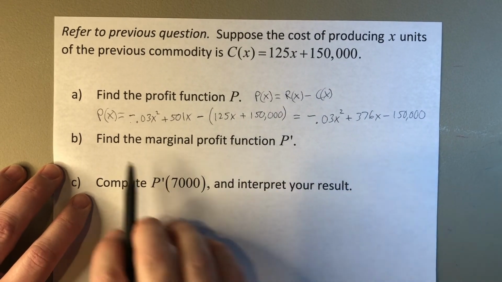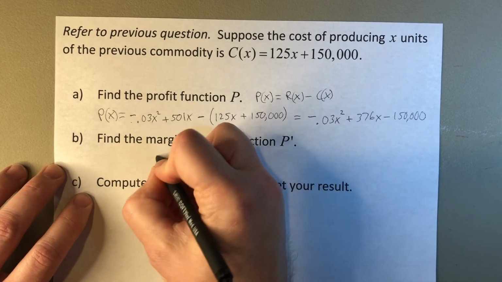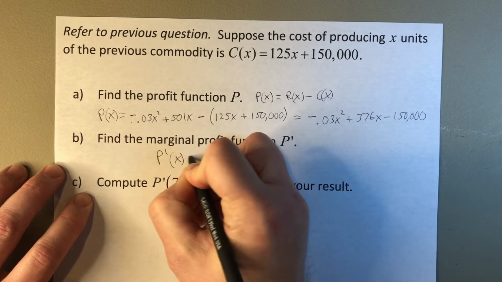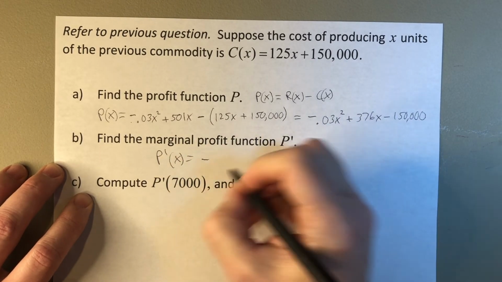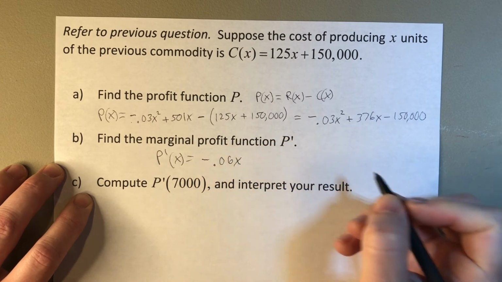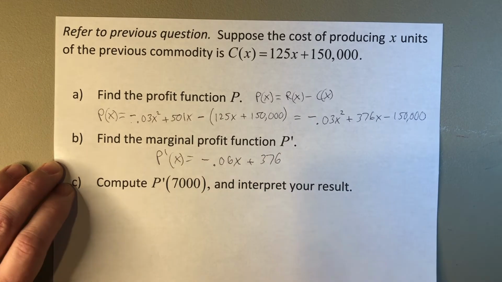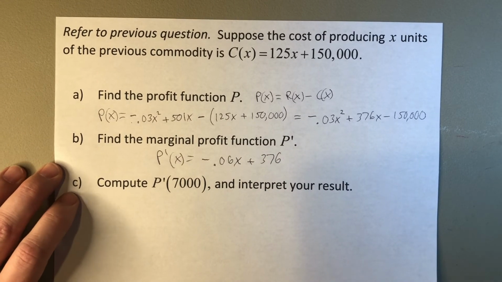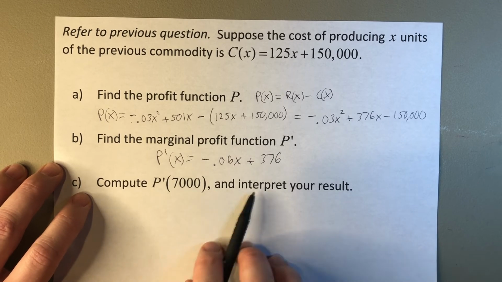Okay. Letter B is asking us to find the marginal profit. So all we got to do is find the derivative of this function, which would be what? It'd be negative 0.06x plus 376. Okay? And then lastly, we are to compute P prime of 7,000 and interpret our result.